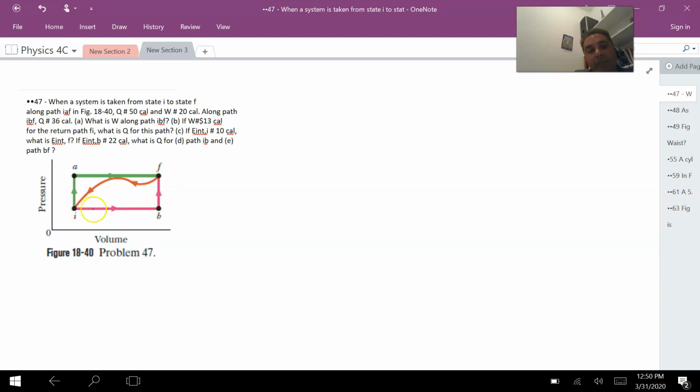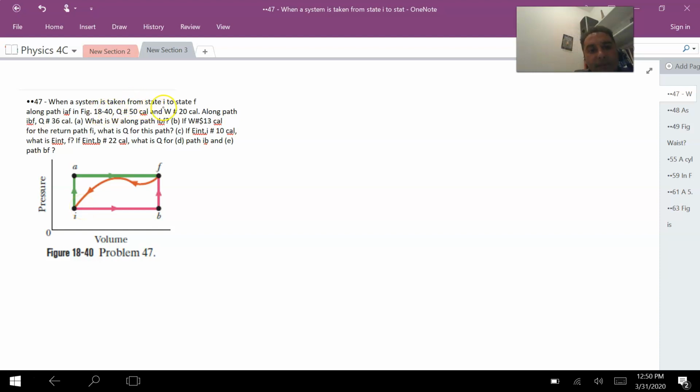Here we see this. What color is this? This is red, pink. Let's say red. We have this red path. If we want to go from I to F, we have the red path, IBF. And also I have IAF, but FI, it's reversible. It goes back.